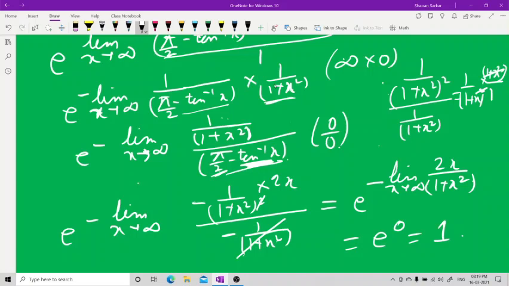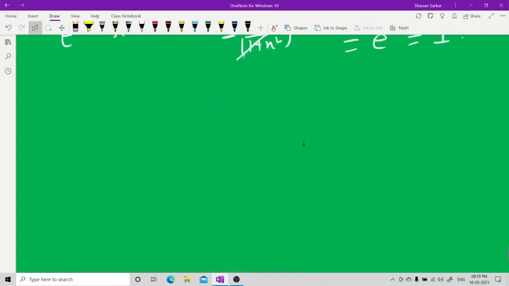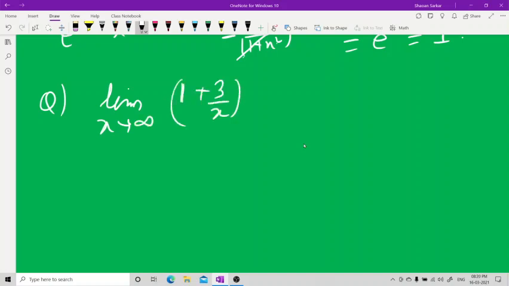Now we will do one more question like this. See, the question is a good one. The question is limit x tending to infinity 1 plus 3 by x to the power of x. Now this is behaving like 1 to the power of infinity.